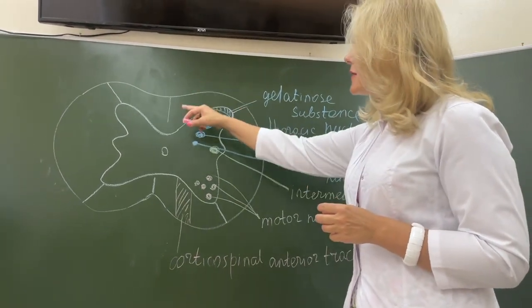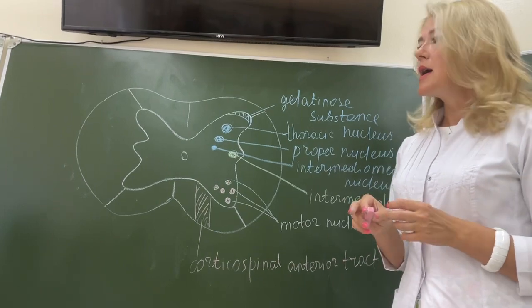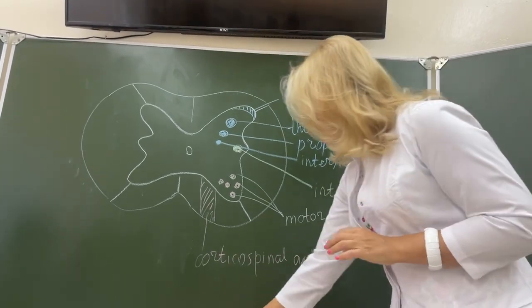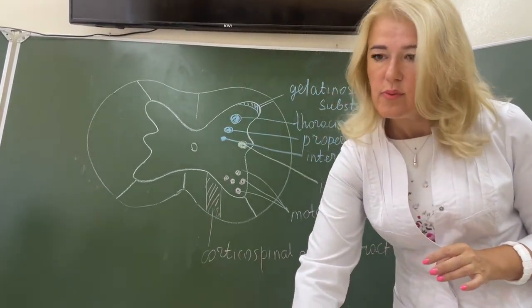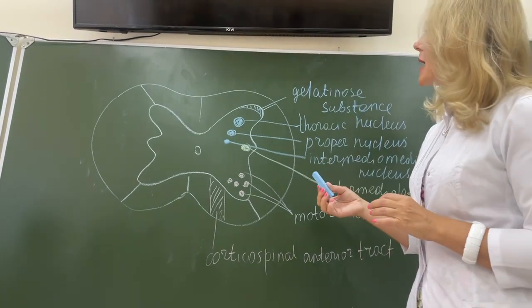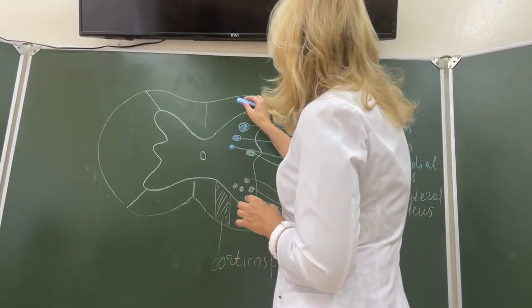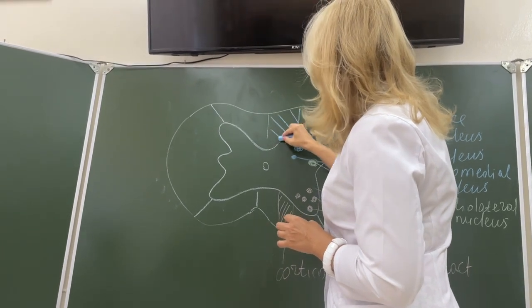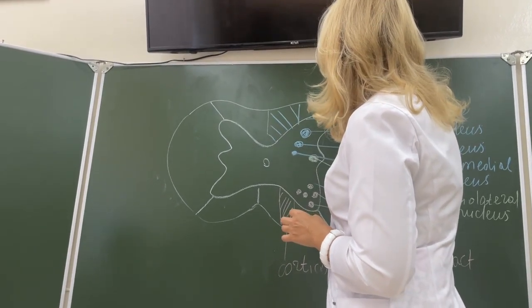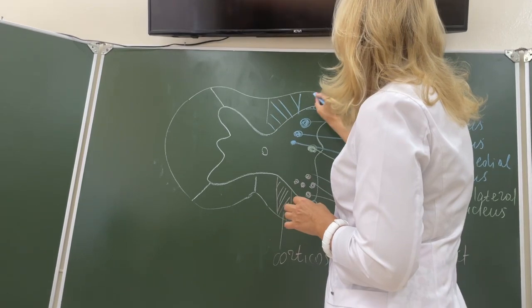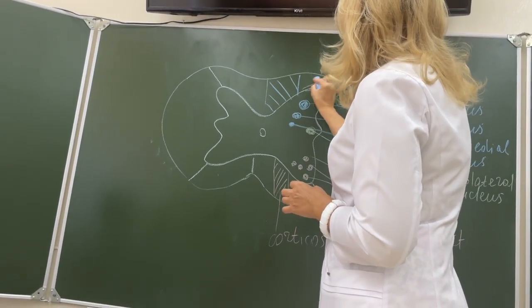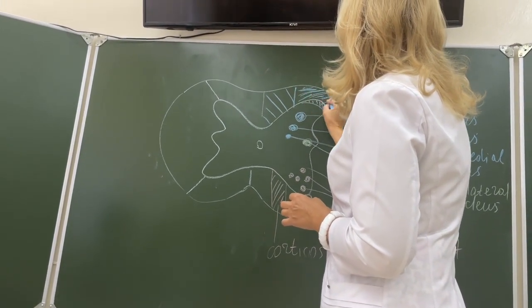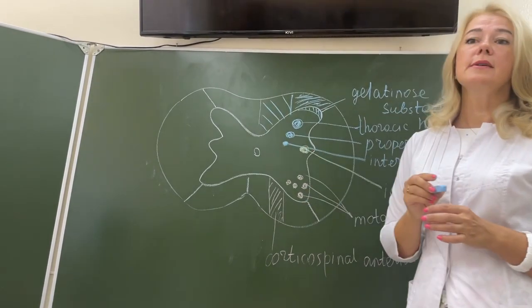In the posterior funiculus are located sensory tracts, and we'll take our blue, again our blue, and these tracts are divided into two fascicles. One of them is called gracile, the second is cuneate.